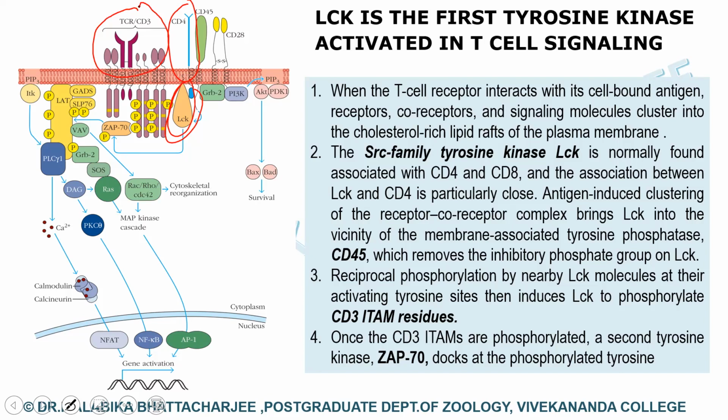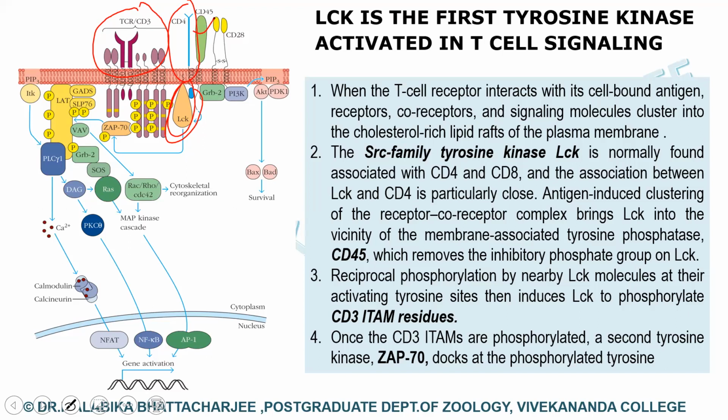This antigen-induced clustering brings the CD4 co-receptor into the vicinity of the TCR CD3 molecules. There is an inhibitory phosphate present on LCK, so the tyrosine phosphatase CD45 removes this inhibitory phosphate from LCK.